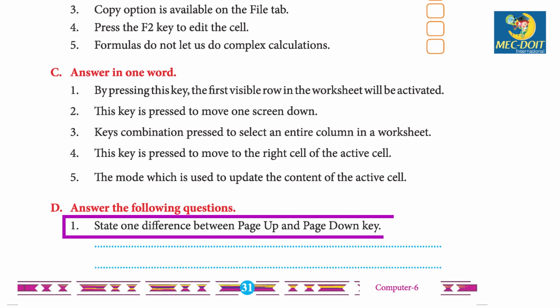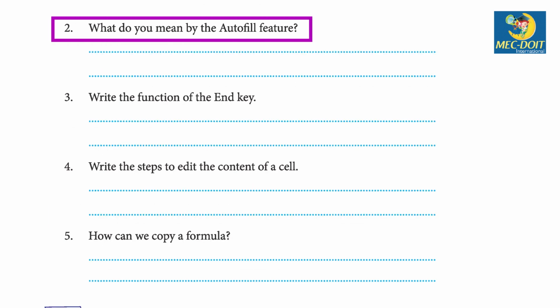D. Answer the following questions. 1. State one difference between the Page Up and Page Down keys. Answer: Page Up. To move one screen up, we can press the Page Up key. Page Down. To move one screen down, we can press the Page Down key. 2. What do you mean by the autofill feature?